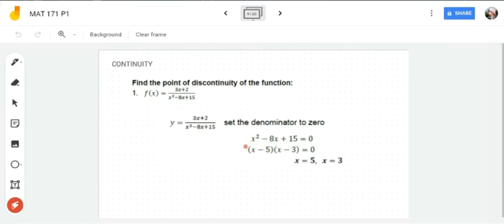The factors of x squared minus 8x plus 15 are x minus 5 and x minus 3. Your equation will be discontinuous at x is equal to 5 and x is equal to 3 if you equate each factor to 0. Therefore, we have 2 points of discontinuity: x is equal to 5 and x is equal to 3.